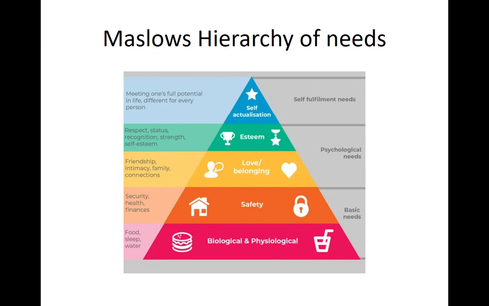So at the bottom, there are biological or physiological needs, such as: everyone needs to eat, to drink, needs clothing, needs healthcare. So physiological or biological needs are needs that people cannot do away with, and they should be available every day. People should be having them every day.